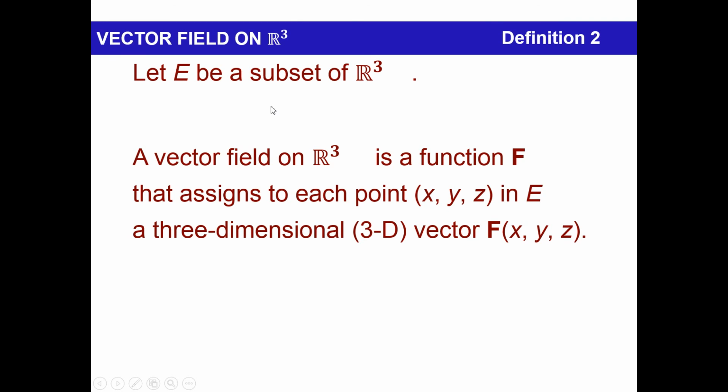So let E be a subset of R cubed. Now, what is a vector field in R cubed? As we said, a vector field is a function. If the domain is R cubed, then a vector field on R cubed is a function F that assigns to each point (x, y, z) in the region E a three-dimensional vector F(x, y, z).